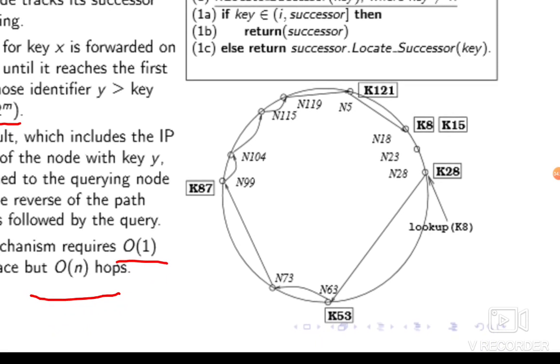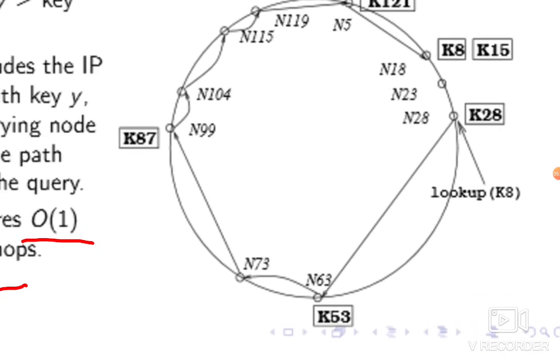For example, we are looking up the key value 8 and the search starts from the node N28. K8 does not match with N28, so the request is forwarded to the next node N53, then N63. Again here we can't find a match, so it is forwarded to N73.